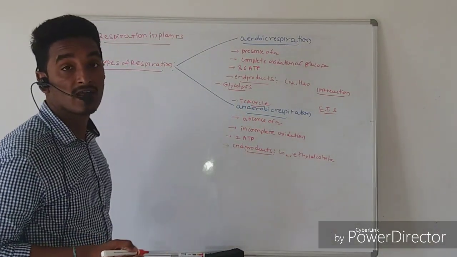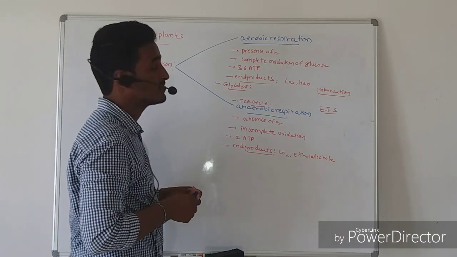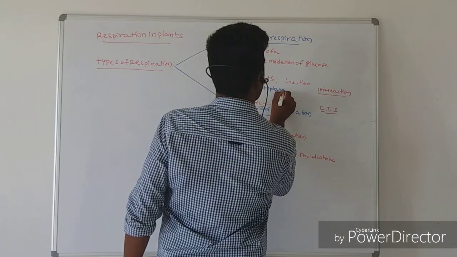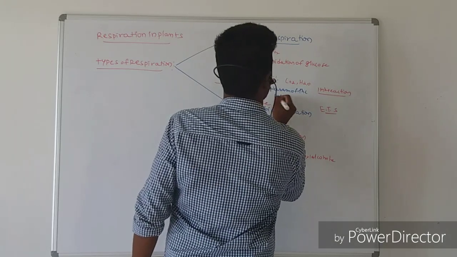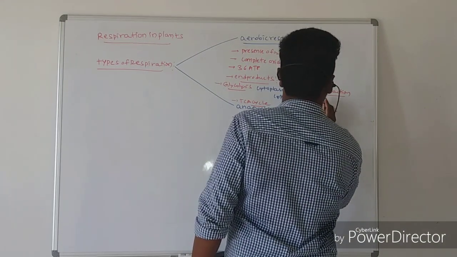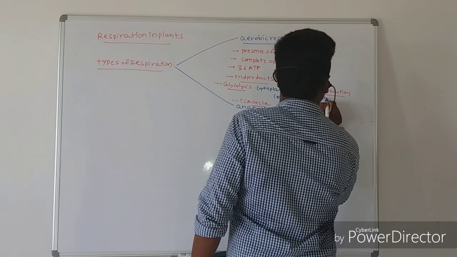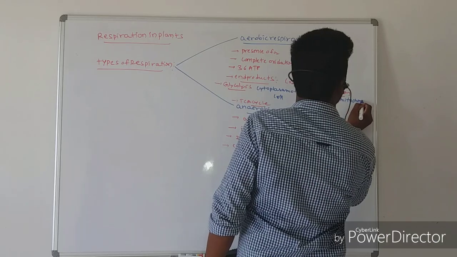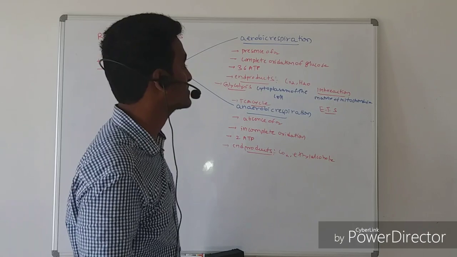First is glycolysis. What is its location? It generally takes place in the cytoplasm of the cell. The link reaction takes place in the matrix of mitochondria, and is also called oxidative decarboxylation.